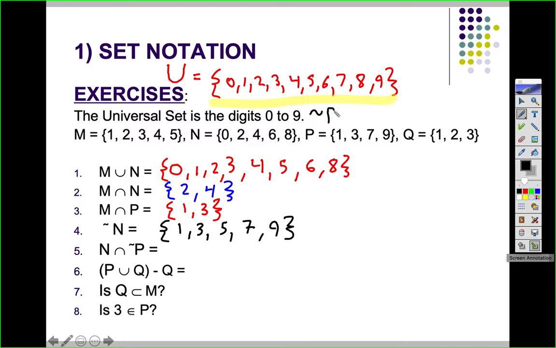Not P would be the set, well, anything other than 1, 3, 7, 9, which would be 0, 2, 4, 5, 6, 8, and that's it. Because then I have 0, 1, 2, 3, 4, 5, 6, 7, 8, 9. Perfect.